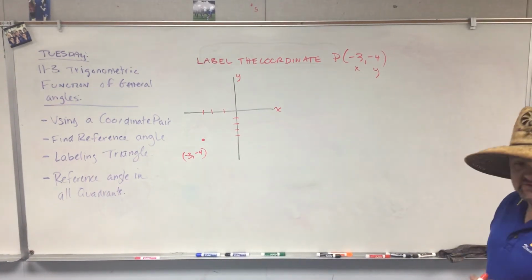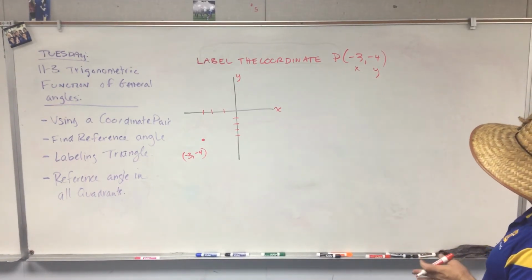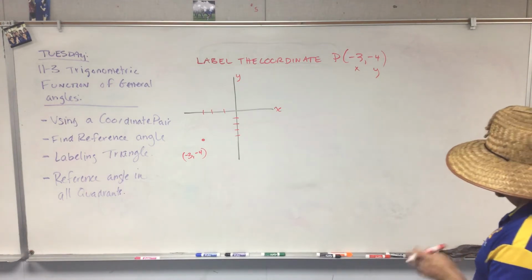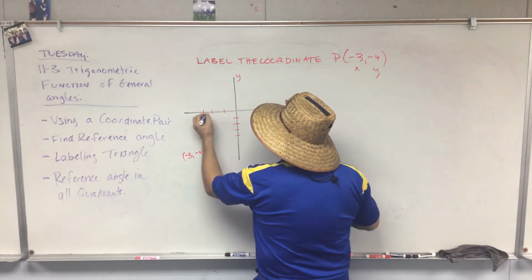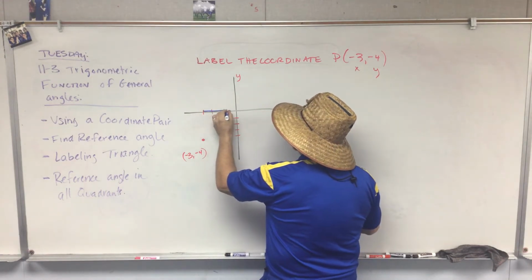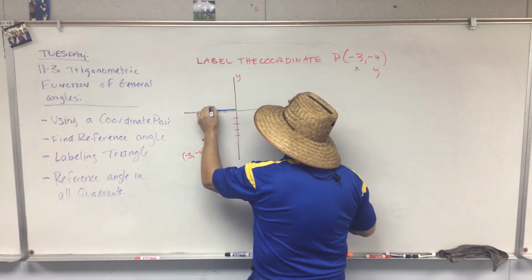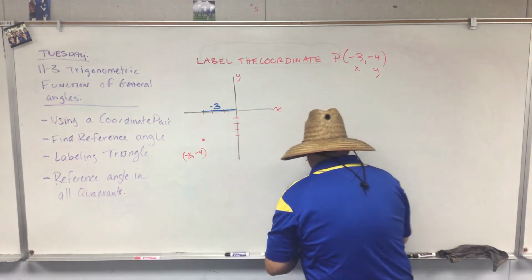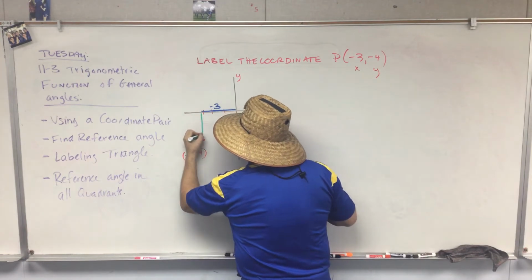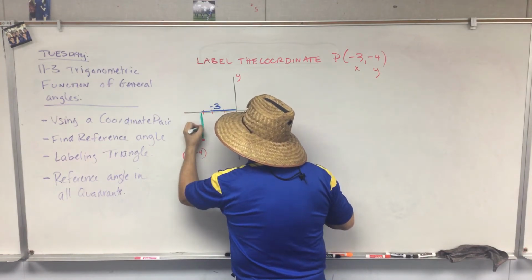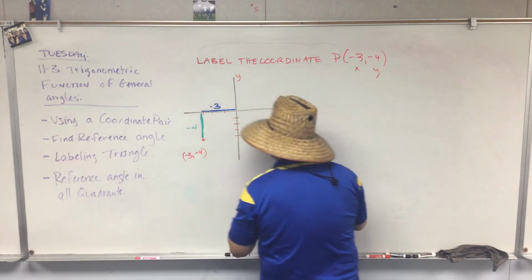So this allows us to do a couple of different things. Number one, if we want to draw a triangle, we know a few things about it. We know that this side is -3. We know that this side is -4.